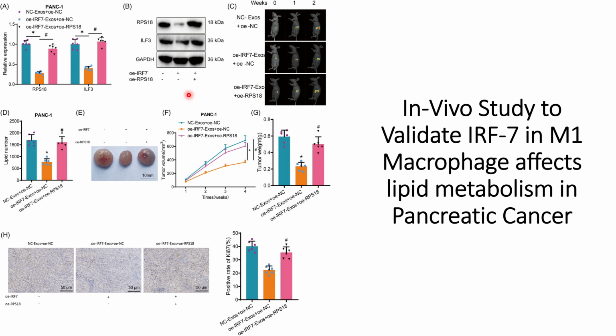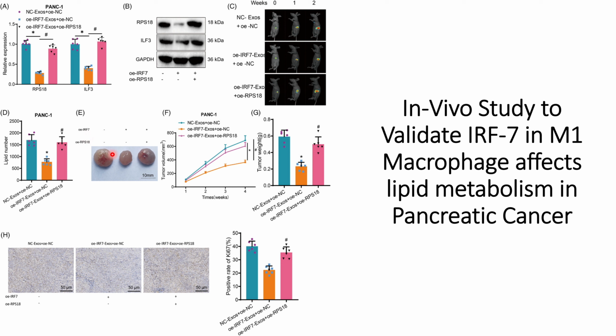And thereafter they checked the lipid metabolites in the different conditions, and they found that lipid in the condition where only IRF-7 is overexpressed is reduced, whereas when IRF-7 is overexpressed along with RPS18, the lipid numbers again increase and are in line with the lipid numbers in the negative control.